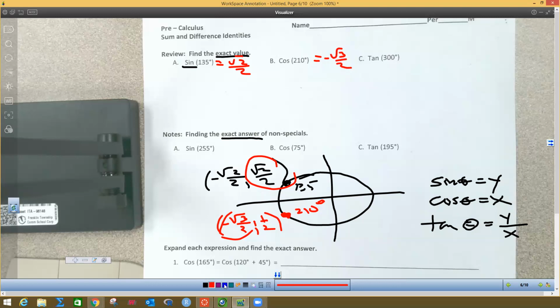Then you are supposed to go to 300 degrees, which is right here on the unit circle. And the ordered pair right there are these 2 things. And you are supposed to know that tangent is y over x. So this is supposed to equal negative radical 3 over 2 divided by 1/2. Now you cannot leave a complex fraction.